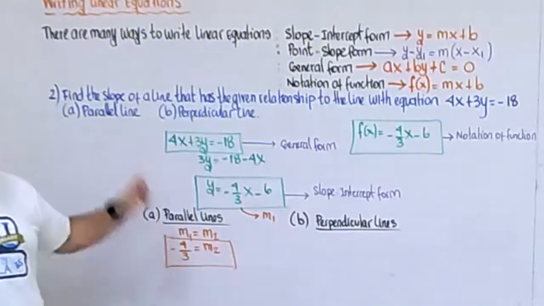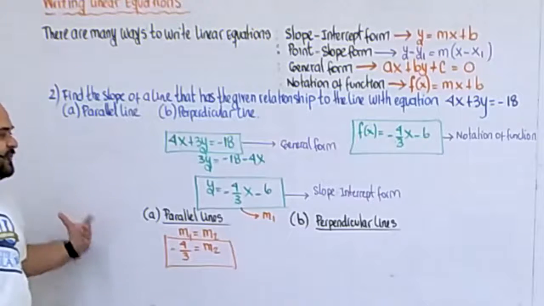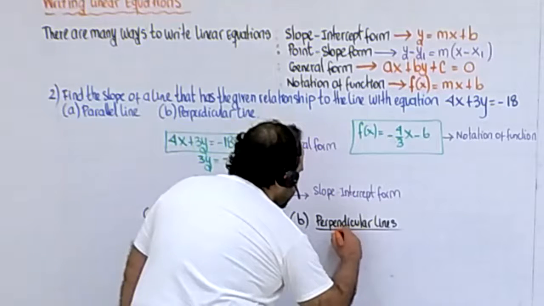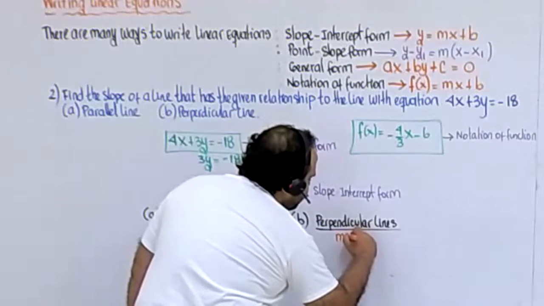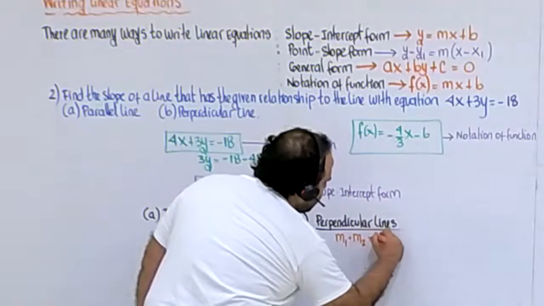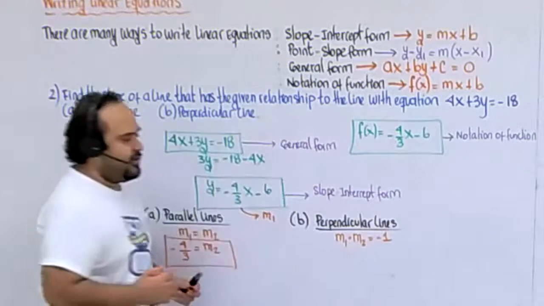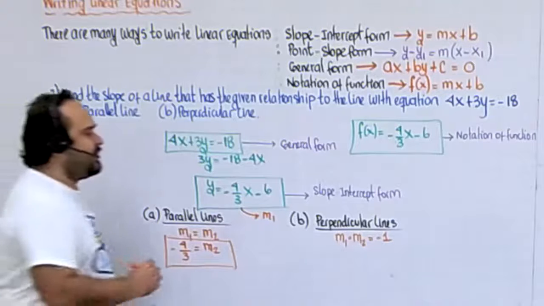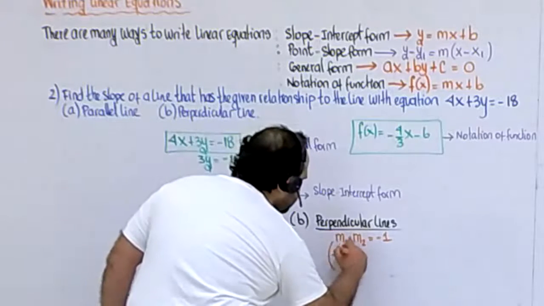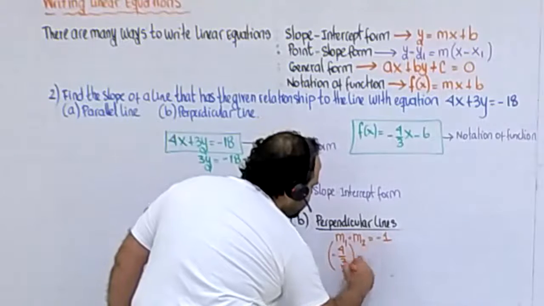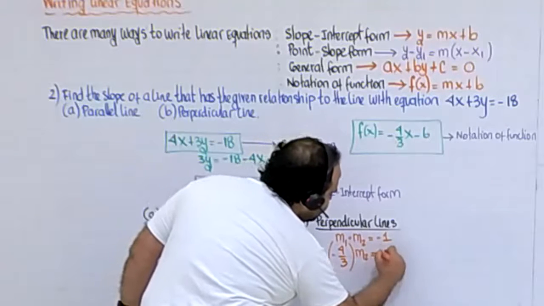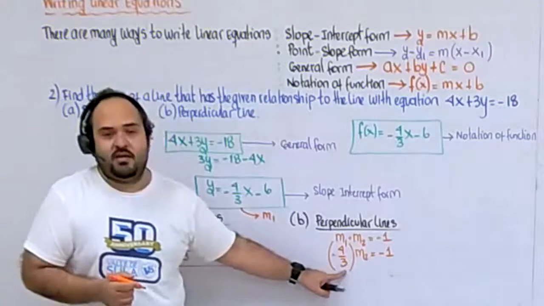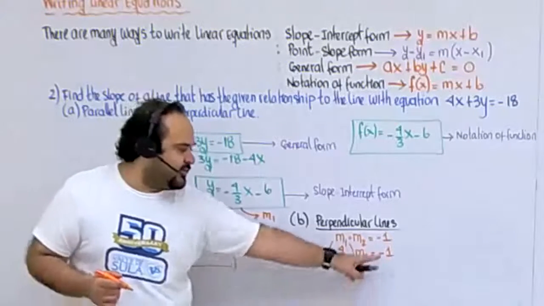Will be positive, therefore. But if you don't remember that concept, that's why we have this formula. The product between M1 times M2 will be equal to -1. So because M1 has a value of negative 4/3, negative 4/3 multiplied by M2 equals -1. For example, this number 3 that is dividing passes to multiply.